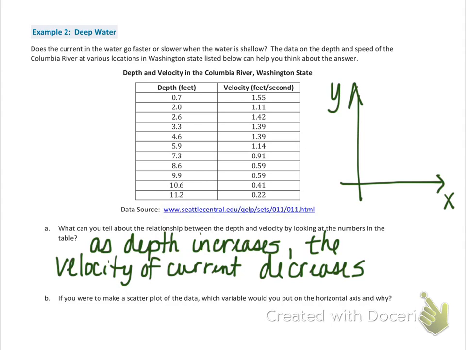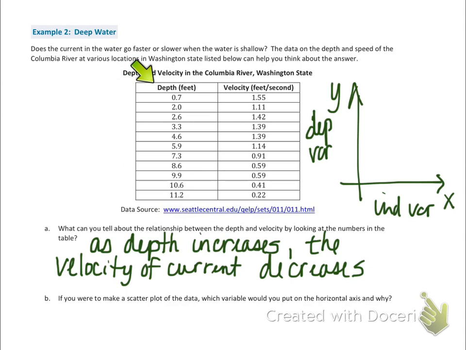And remember, we said the thing you choose, or the independent variable, is on the horizontal axis, and the dependent variable is on the y-axis. In terms of this scatter plot issue, the thing I choose goes here, and the thing I'm predicting goes up here. So here's the question.